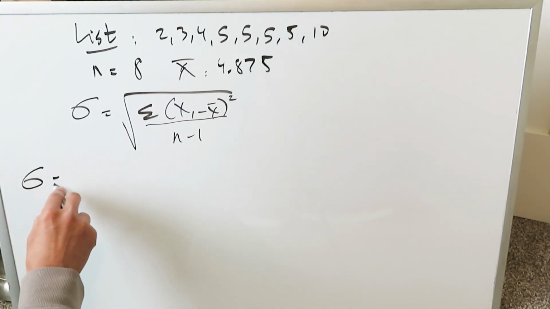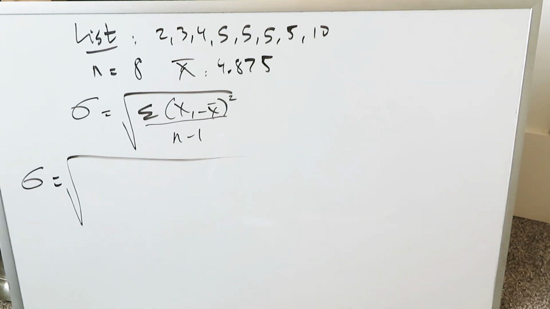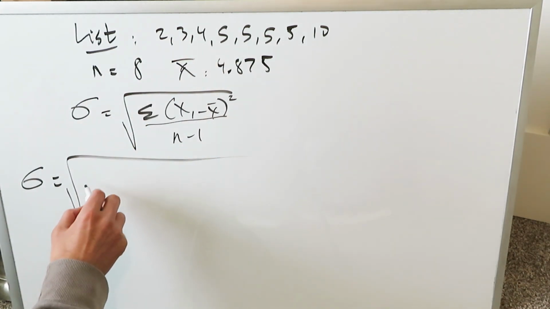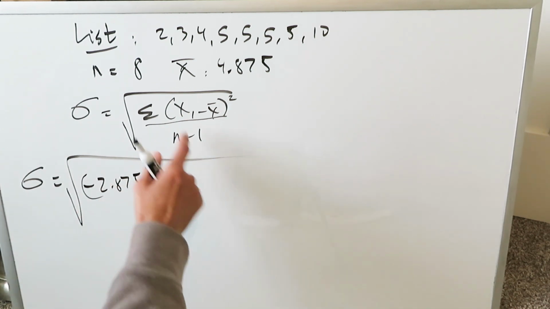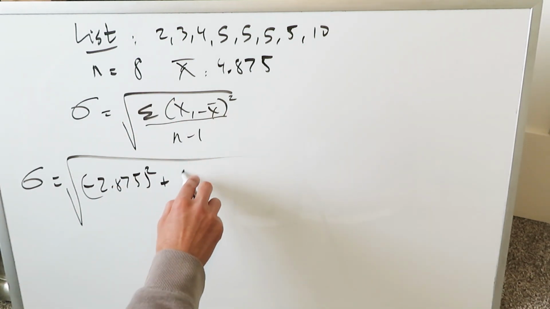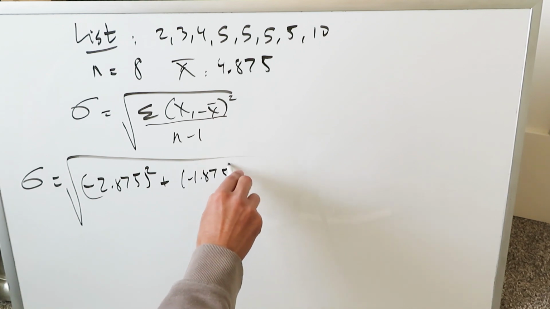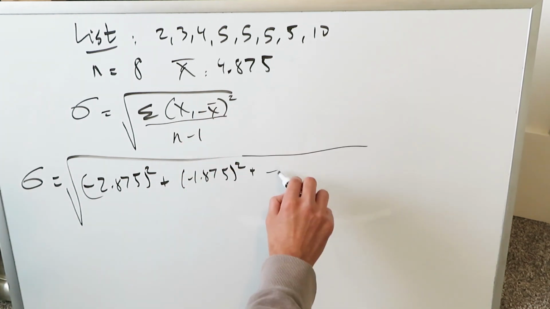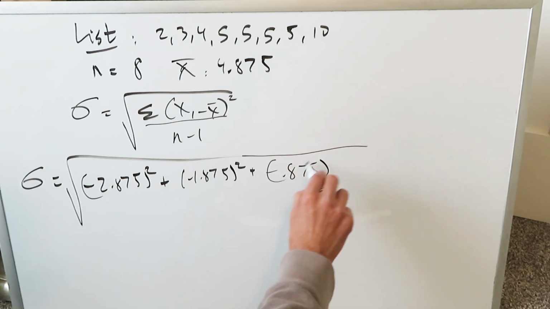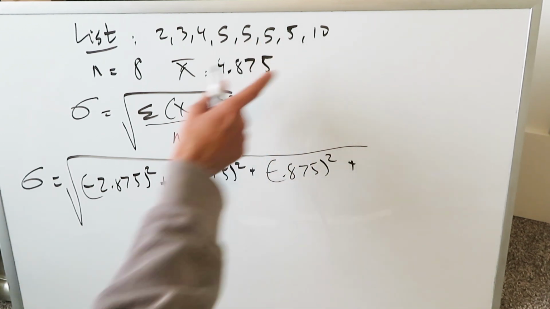So when you lay it all out, your calculation is not that hard. You're basically taking each of those sample values, you're minusing them from 4.875. You can do 2 minus 4.875. You'll have here a minus 2.875 squared plus, now you'll do 3 minus that. You'll have here a minus 1.875 squared, and then 4 minus 4.875, minus 0.875 squared plus, you see how we have 4 5's?